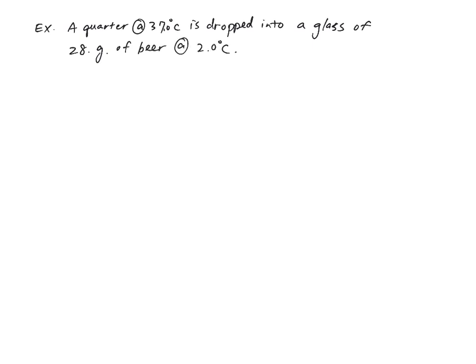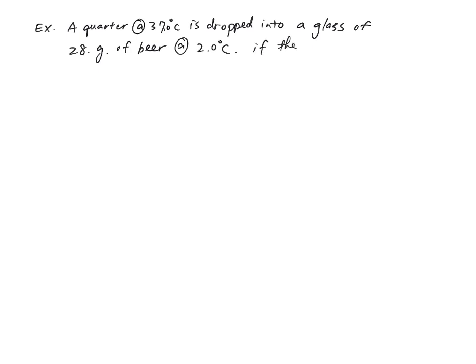A quarter at 37.0 degrees Celsius is dropped into the glass of 28 grams of beer at 2.0 degrees Celsius.